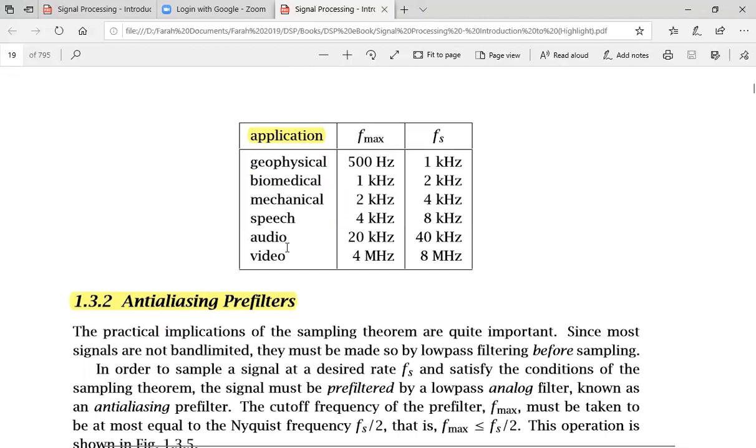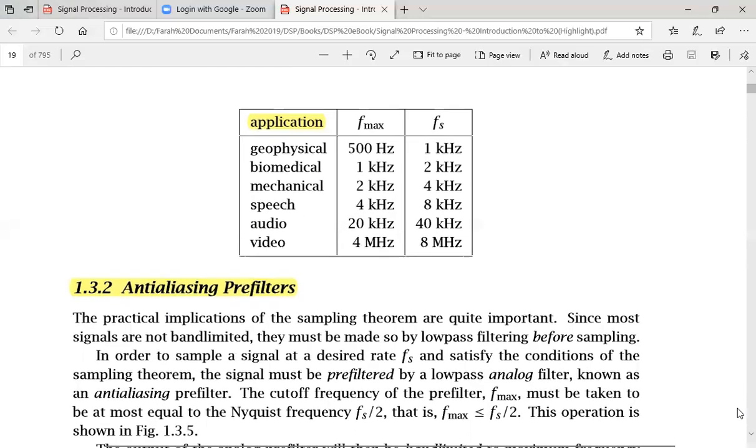If you have an audio signal, the maximum frequency would be 20 kilohertz, and its respective sampling frequency would be fs. Similarly, for video it would be 4 megahertz, and respectively double of it would be 8 megahertz, and so on. So several applications are specified with their f maximum and their respective sampling frequency.